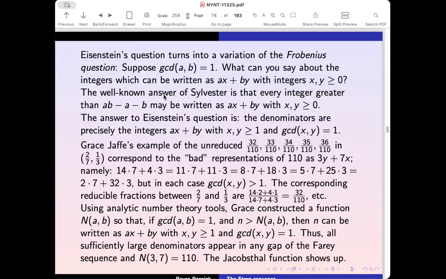What's the worst case, so to speak? The worst case is as a and b get larger. I don't remember exactly what it was, but Grace is working on a paper on this, and I hope it's worth looking at the asymptotics.